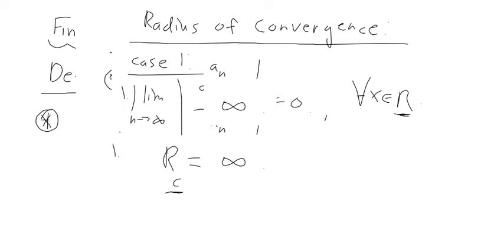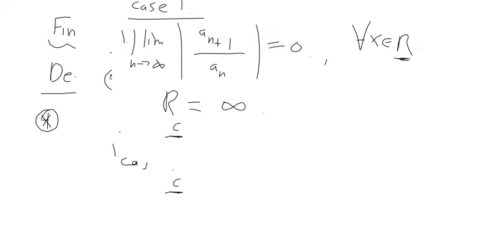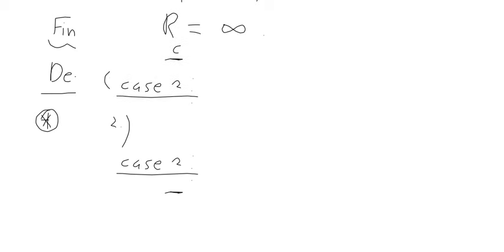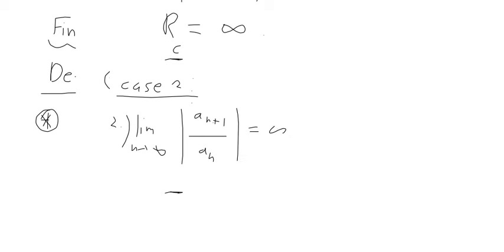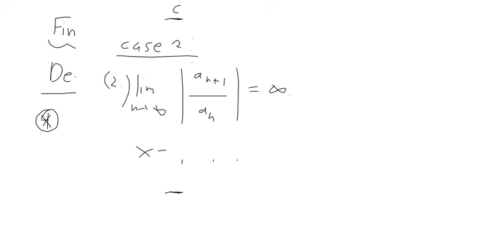All right, so next we have case 2. Again, you have to take the limit as n goes to infinity of a subscript n plus 1 all over a subscript n. If you're taking your limits of these sequences and you find it to be equivalent to infinity, well, first off, this means that your x has to equal a.